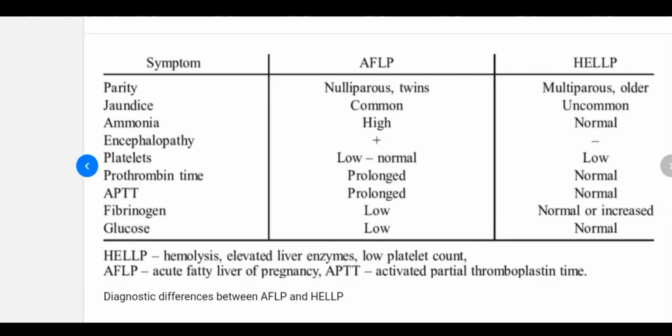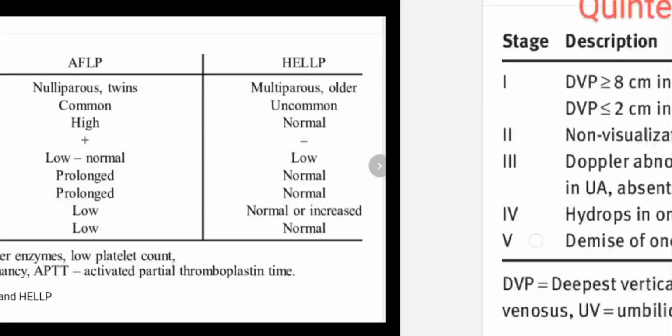So all the other things that were present in acute fatty liver of pregnancy are negative in HELLP syndrome. We need to know these diagnostic differences between AFLP and HELLP syndrome. It will be helpful in many clinical conditions where we might be confused. So from this table, we can easily answer that type of questions.